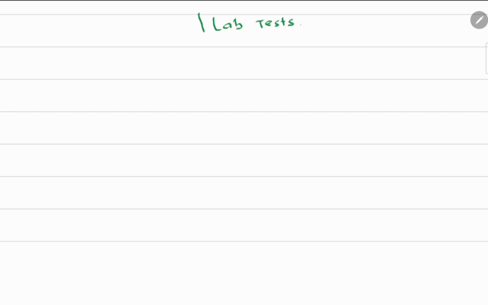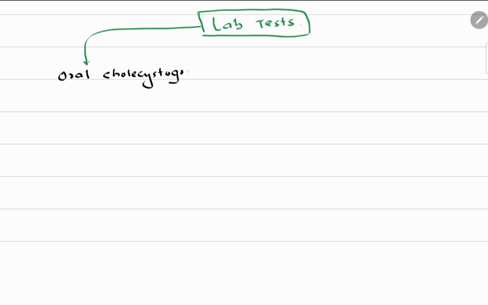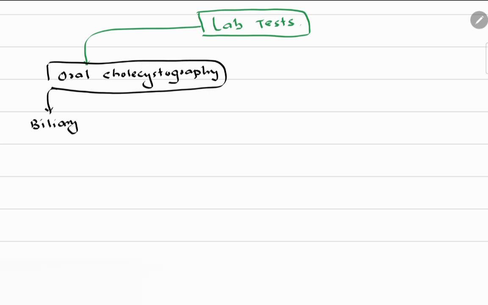Now coming to the lab tests in Dubin-Johnson syndrome. On oral cholecystography, biliary system will not be visualized. This is seen 4 to 5 hours post IV iodipamide.